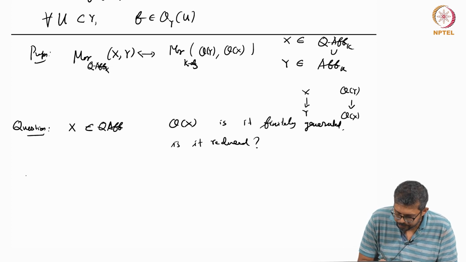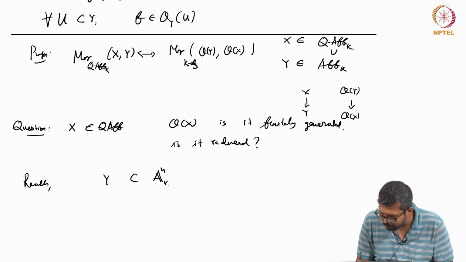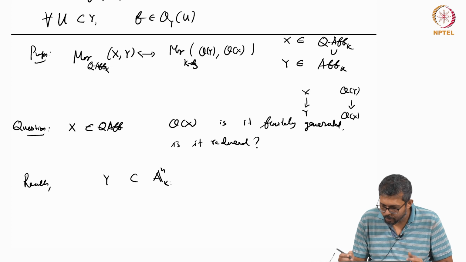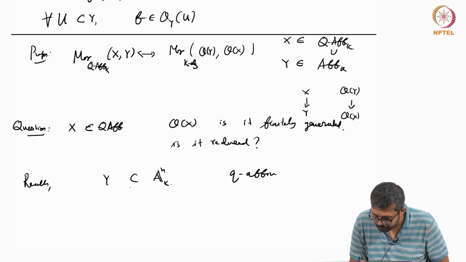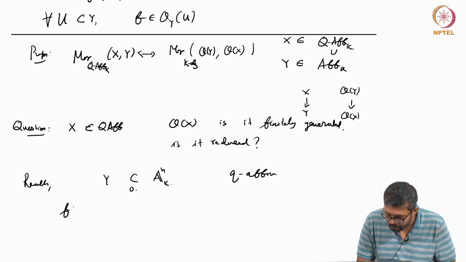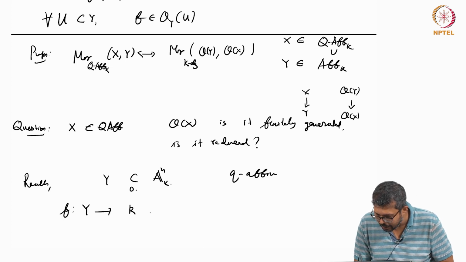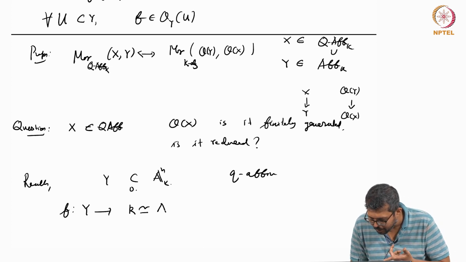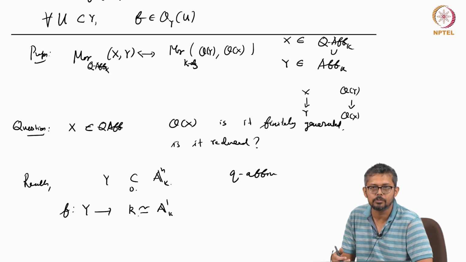So recall, suppose you have an affine variety, say Y, and okay, let's assume quasi-affine. And if you have a regular function, say f: Y to k, so k I can always identify with A^1_k, I can give a topology because A^1_k is a topological space, it's an affine space.